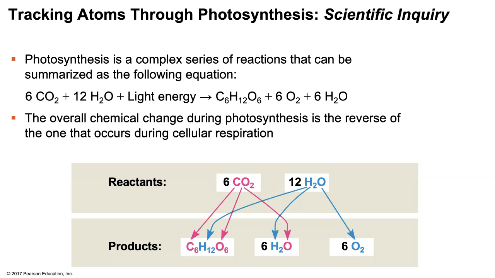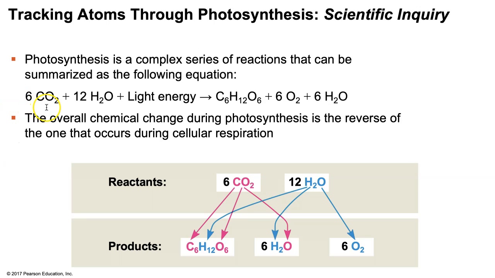That's really what we're doing with any kind of chemical reaction. And the same thing is happening here. So you had to learn the reaction for cellular respiration in the last chapter, and in this chapter you have to learn the reaction for photosynthesis, which is actually almost the reverse of cellular respiration.